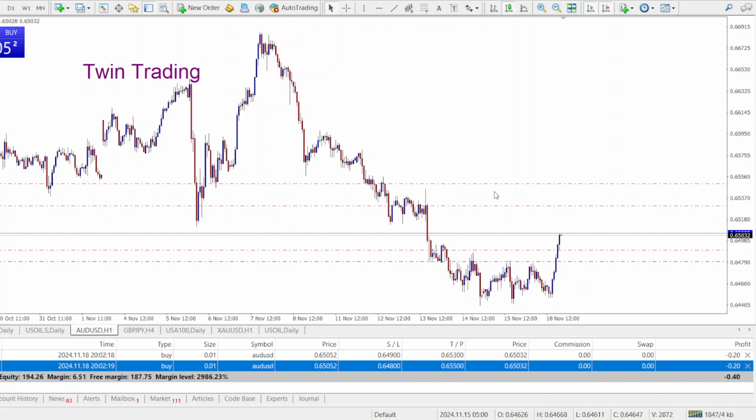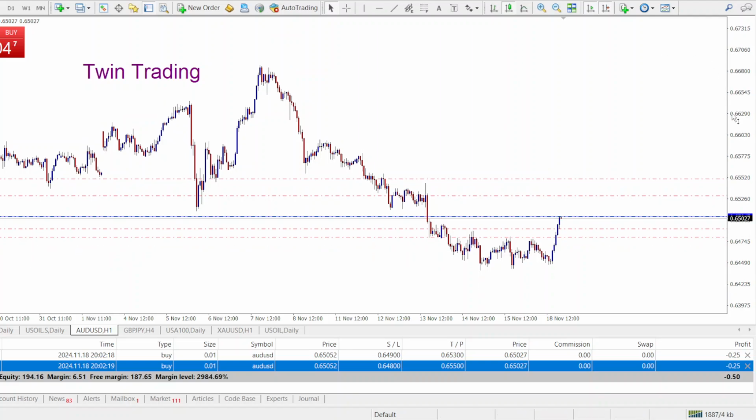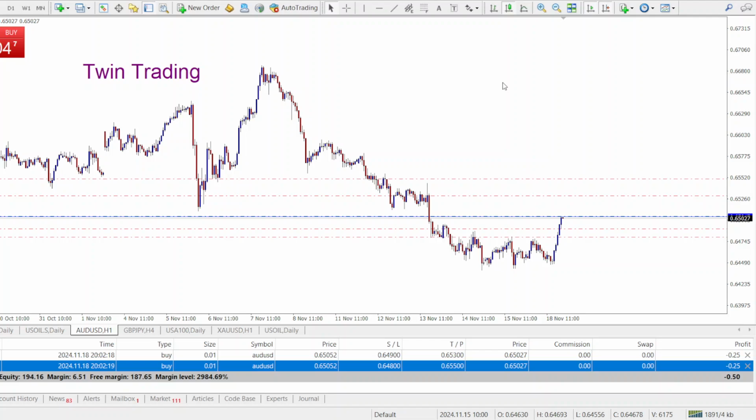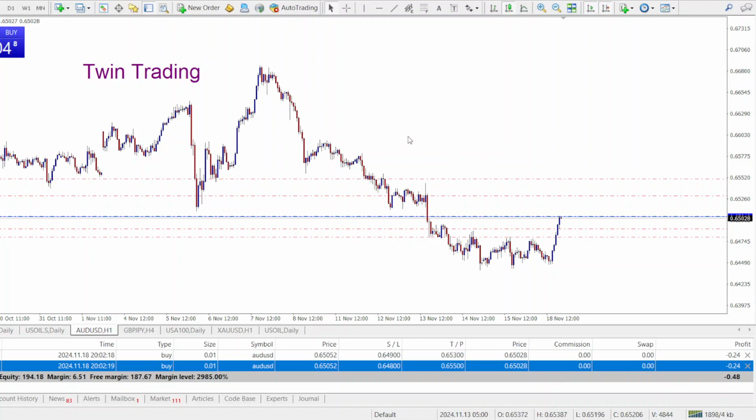It doesn't mean that your stop loss and take profit are going to be this close. If you are a scalper, then it might be close, but if you are more of a day trader or a swing trader, you might have more distant take profit levels, right? You must have done your analysis already, and then if it is a buy trade that you want to enter, you might set your stop loss at a significant resistance level.